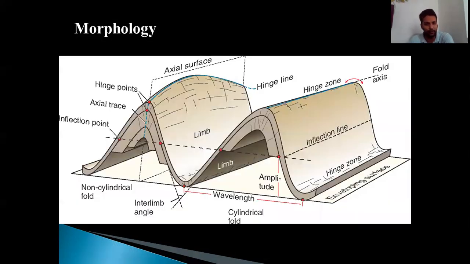Then we saw the morphology, where we studied how the different parts of a fold are classified. We saw how limbs, hinge points, axial planes and fold axis explain the fold. The definition of anticline and syncline and classification will be discussed in our next session.